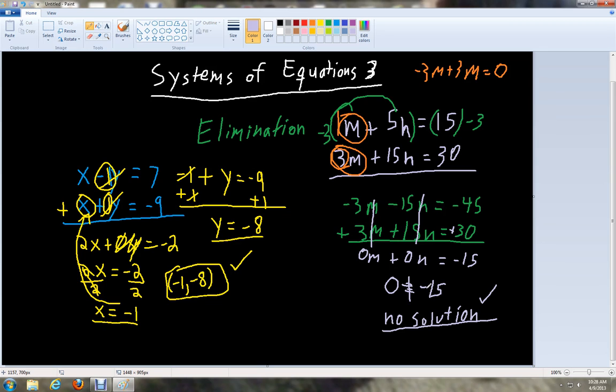Now, on the other hand, let's say both variables did cancel out, and you just got something like 1 equals 1, so both sides are equal.